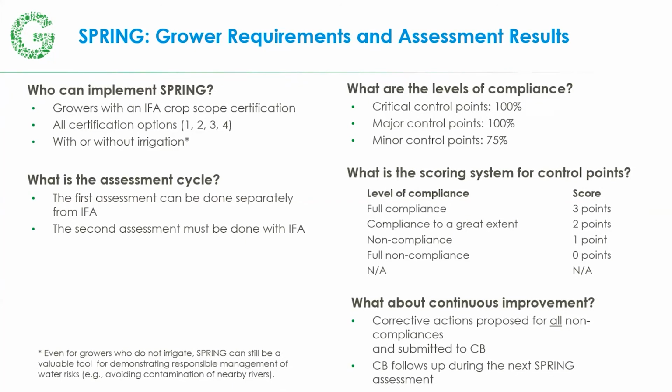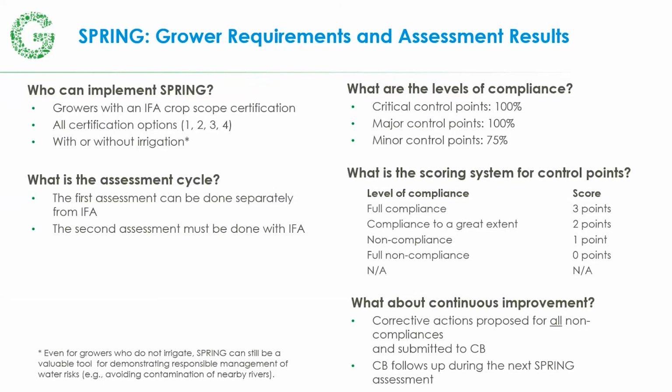Major control points must be approved at 100%, but in this case, the producer has 28 days to correct the non-conformities if they have any, and for minor control points only 75%.